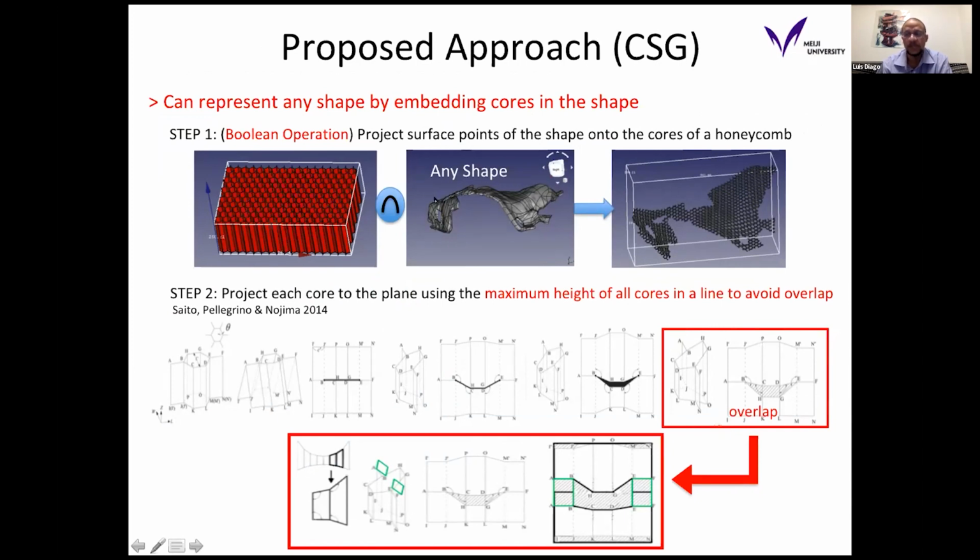From the intersection, we obtain the shape on the right side, which includes the honeycomb definition for this shape.